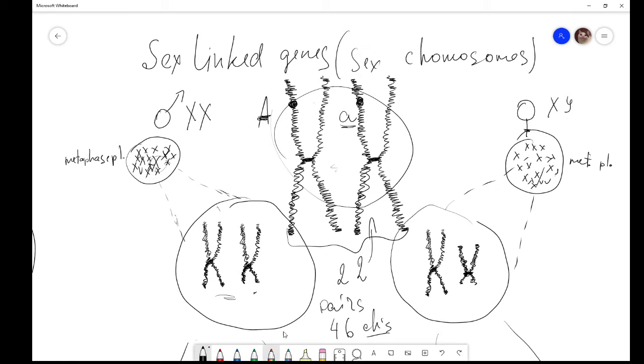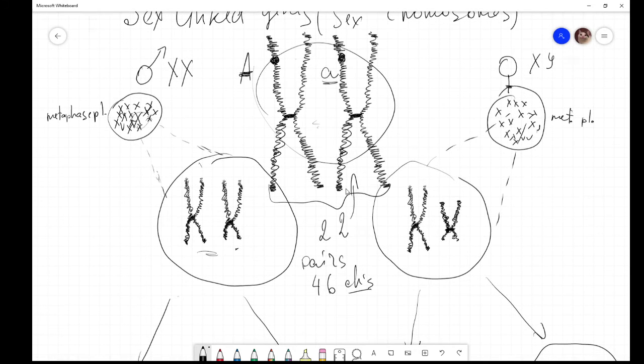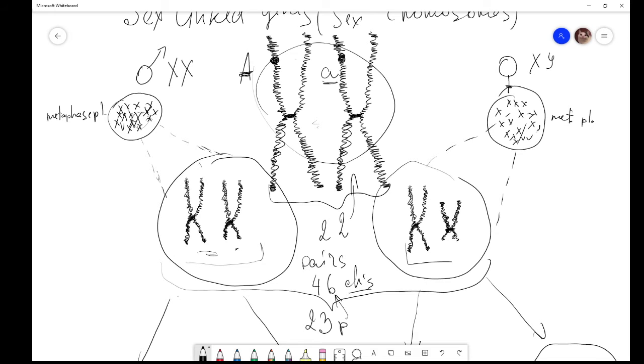If we collect all chromosomes, there are 23 pairs, which is 46 chromosomes. This is all our chromosomes with the sex chromosomes: 22 pairs of autosomal chromosomes and one pair of sex chromosomes.